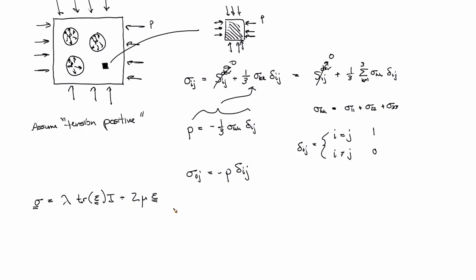These are just elastic constants, of which, for an isotropic material, you can pick any two. That's how I wrote it in that slide. But in index notation, that would just be sigma ij is equal to lambda epsilon kk delta ij plus 2 mu epsilon ij. So this is the index notation version of that.